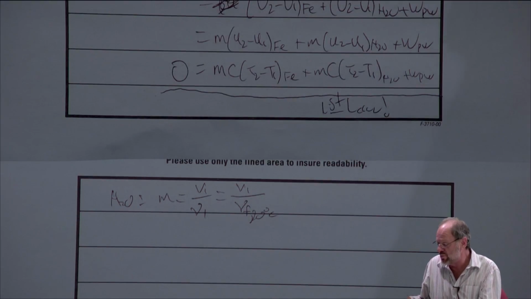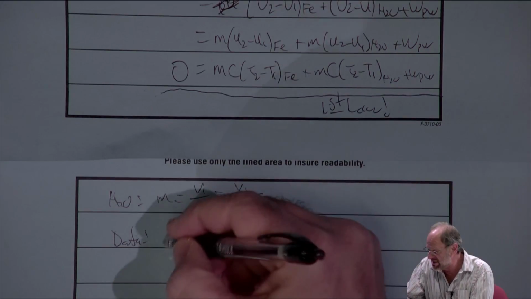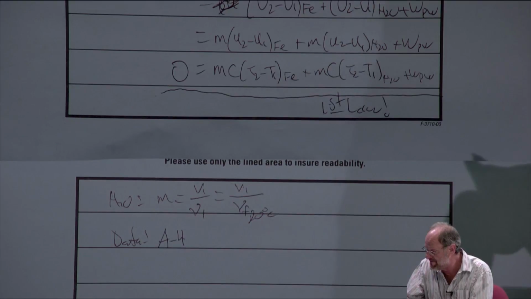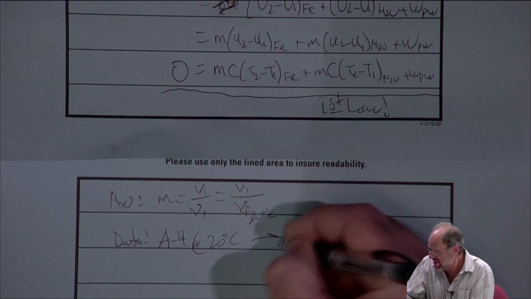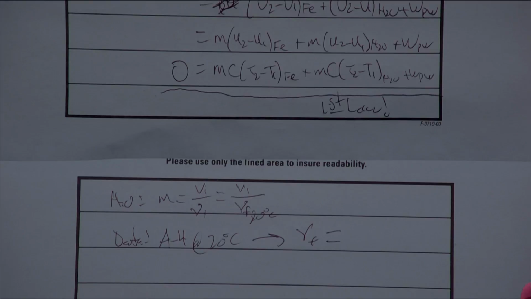All right, so we get our data. And let's see, if we go into table A4 at 20 degrees C, we can look up vf. So I'm assuming you've all written the problem down at this point. Okay.